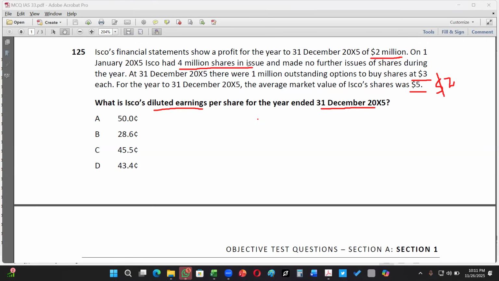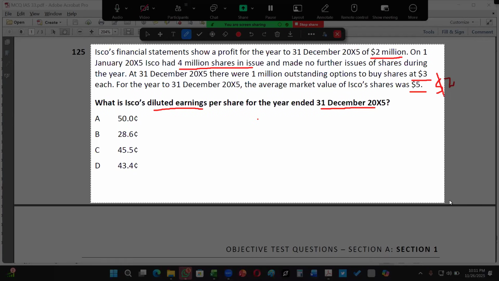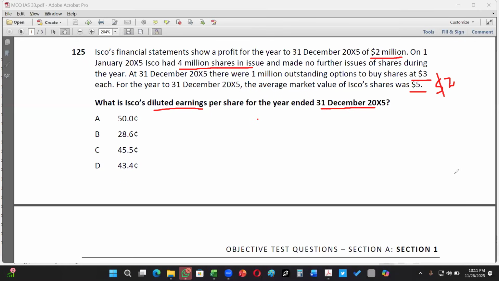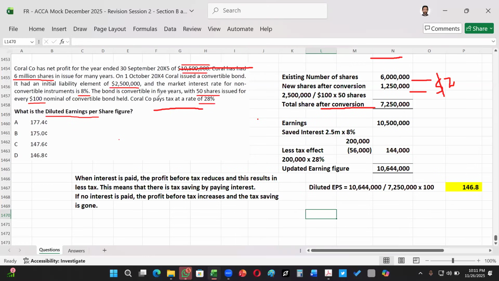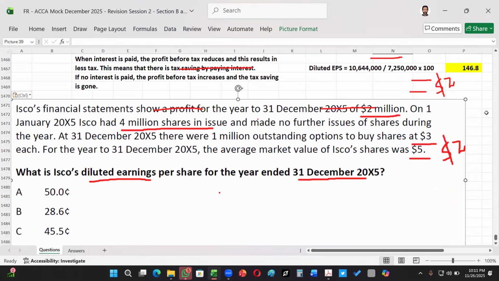Okay. So we will take this to the Excel sheet and understand how we can use the bonus element. Let's see. This is the easiest of the cases, I believe. Nothing much to it. It's a very simple method that we're going to use, and we're almost done with the EPS.